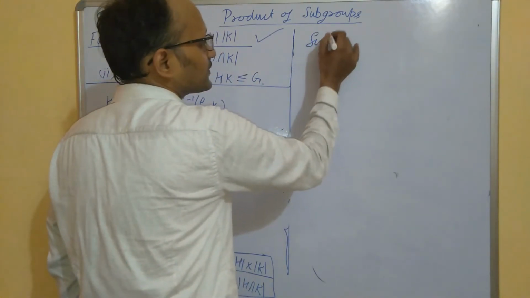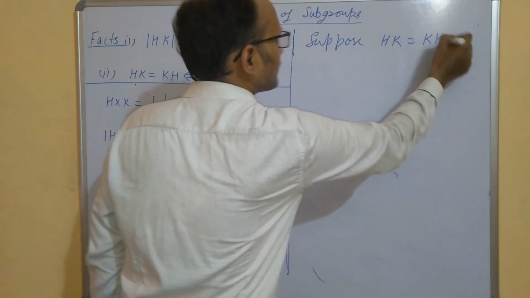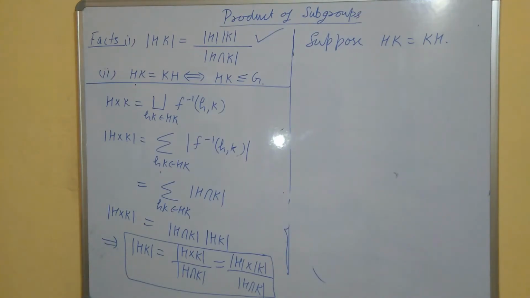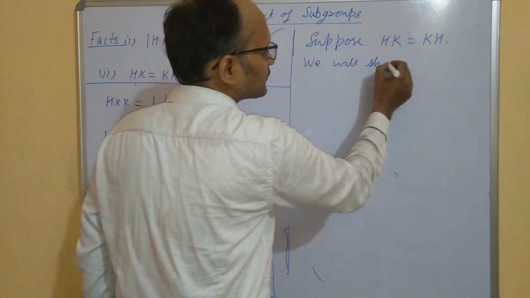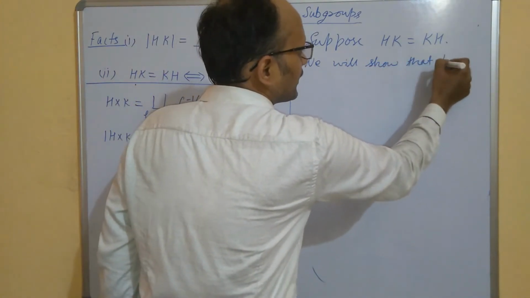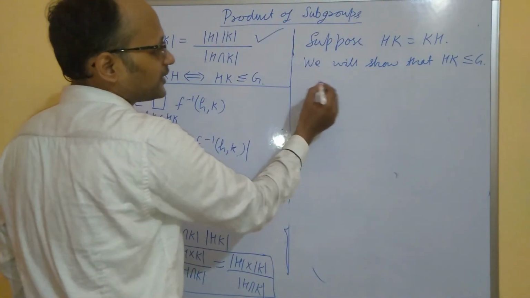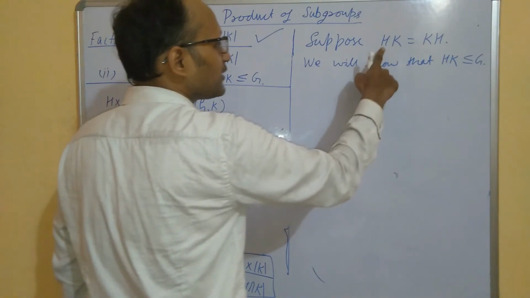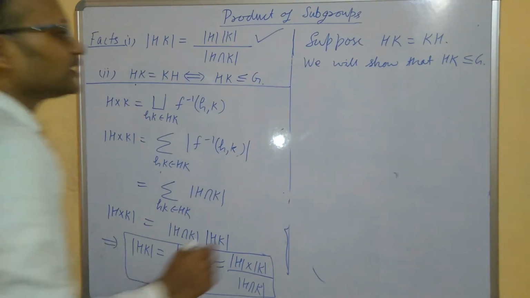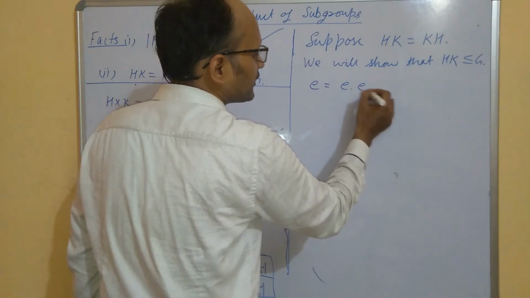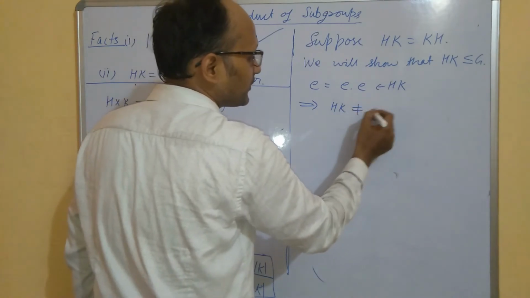Suppose HK is equal to KH, we will show that HK is a subgroup of G. If E denotes the identity of the group, then E will also be an identity element of H and E will also be an identity element of K, because H and K are subgroups, and E can be written as E into E, so it belongs to HK. This implies HK is non-empty.